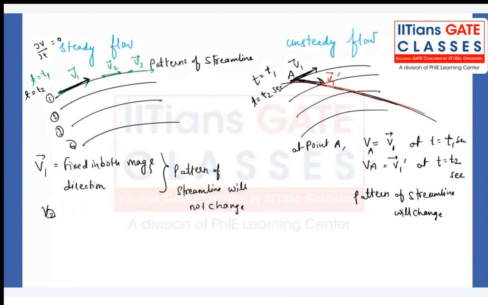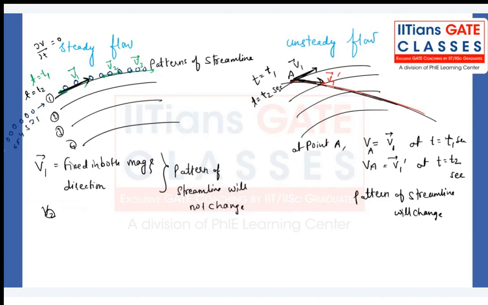When the particle is traveling on this streamline, they will not change their directions or their magnitude, right? So they will remain on the same streamline, because the particles, my dear friend, particle number 1, 2, 3, 4, 5, 6, will not change their directions.